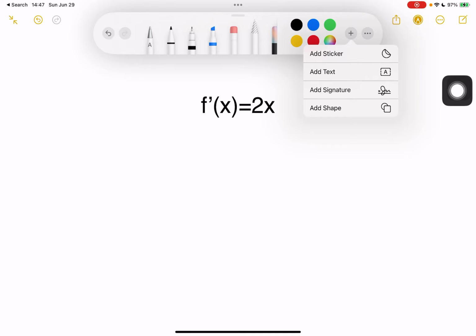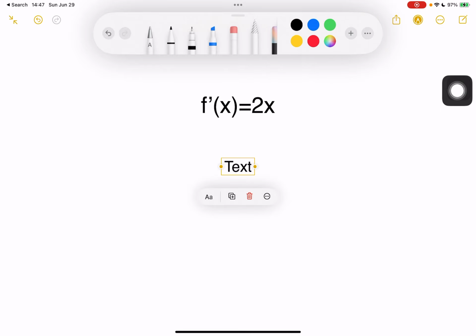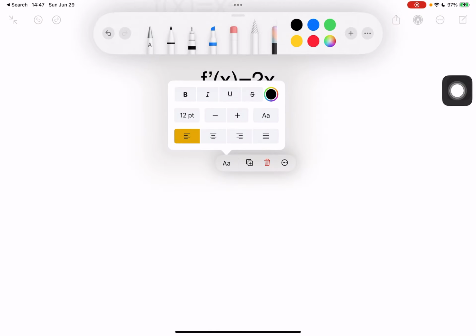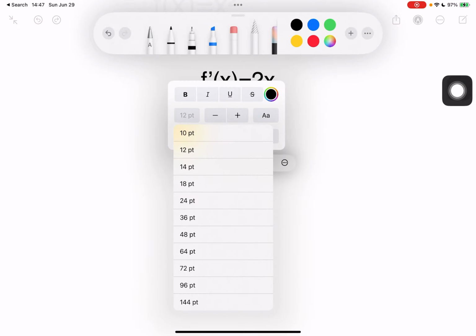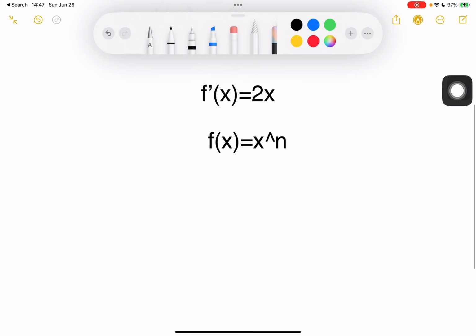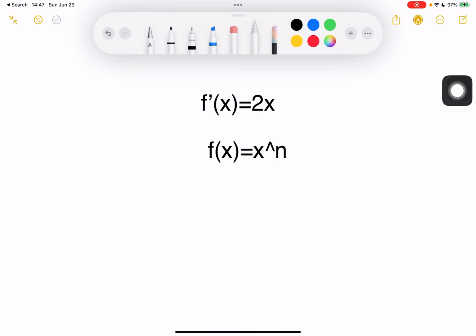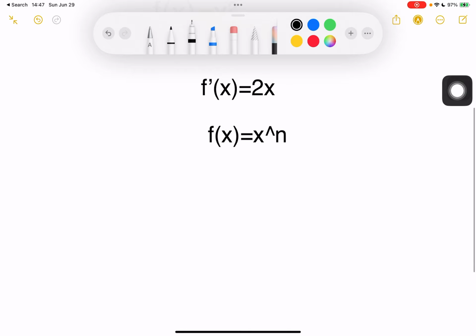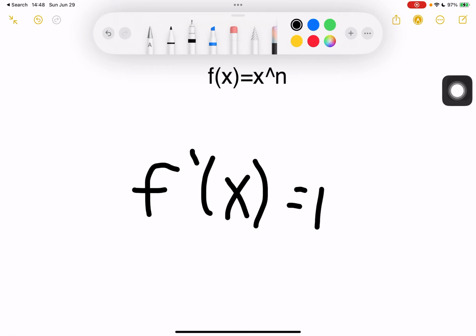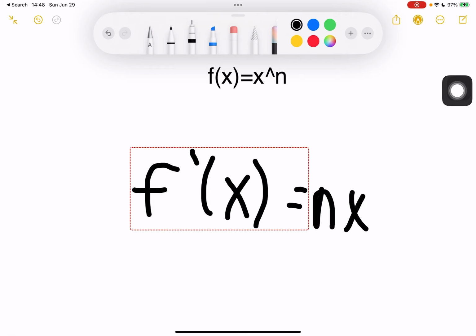Let me show you. f prime x equals n times x to the power of n minus 1.